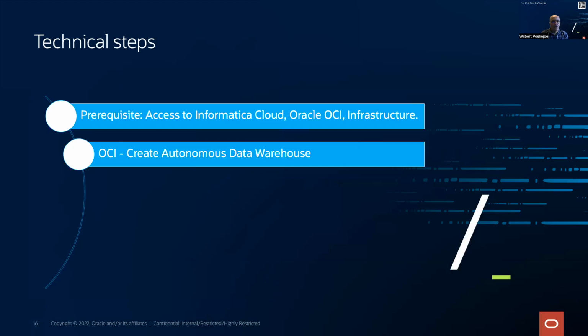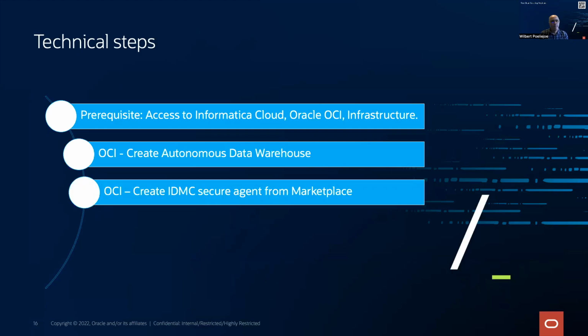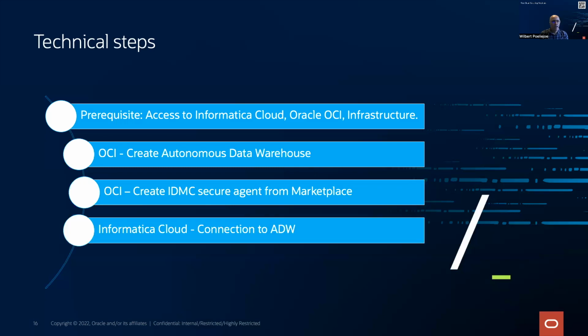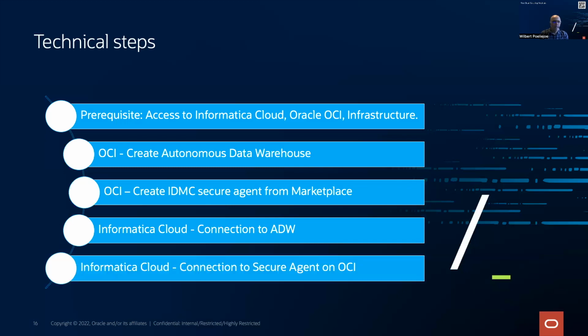An Autonomous Data Warehouse database needs to be created, and an IDMC Secure Agent needs to be created. That is available from the OCI Marketplace, so those two activities can be done in OCI. And within Informatica Cloud, we will have to build a connection to the Autonomous Data Warehouse and a connection to the Secure Agent which is running on OCI.